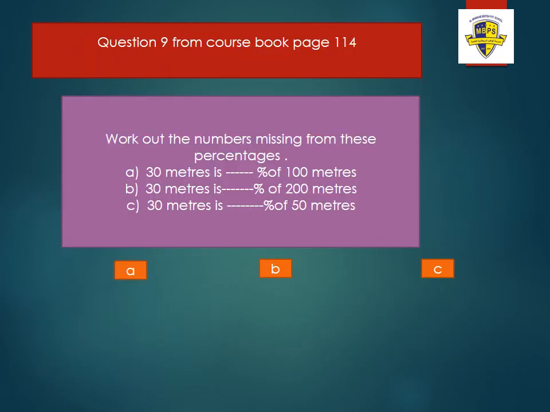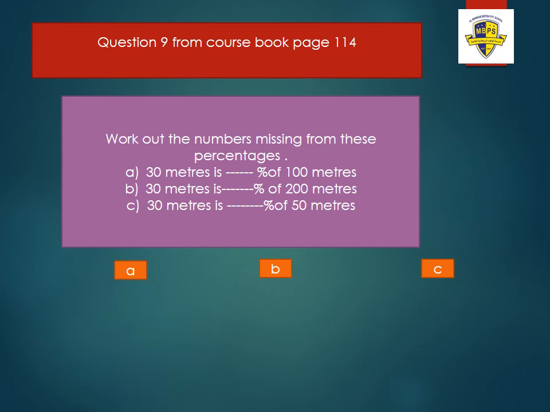Now we have the last question from the book, question number 9 from the course book, page 114. The question is, work out the number missing from these percentages. A, 30 meters is dash percent of 100 meters. B, 30 meters is dash percent of 200 meters. C, 30 meters is dash percent of 50 meters.